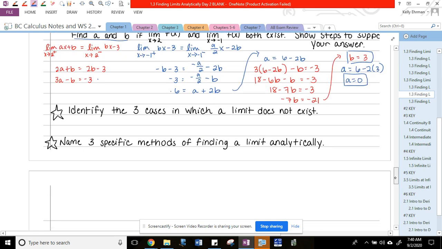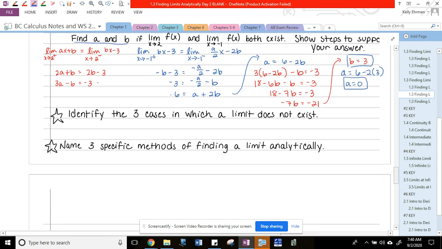Okay, things to study. Identify the 3 cases in which a limit does not exist. Okay, so in one case, we have the long one that we don't like writing out. The limit on the left is not equal to the limit on the right.